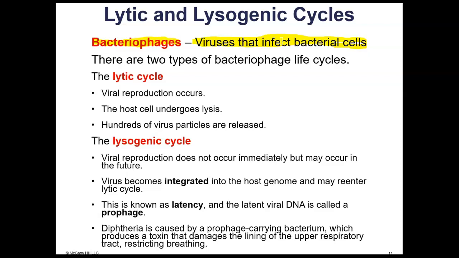And we've learned a lot about virus behavior from these viruses that infect bacterial cells. So there are 2 life cycles that we've learned about with bacteriophages. They are the lytic cycle and the lysogenic cycle.